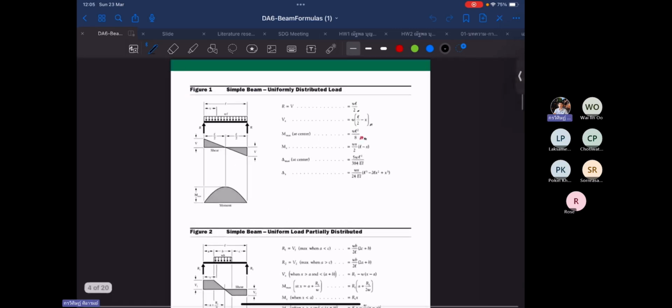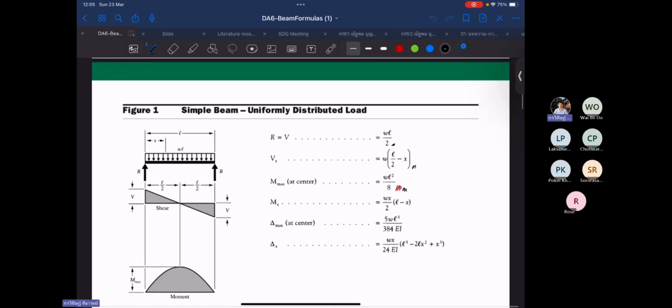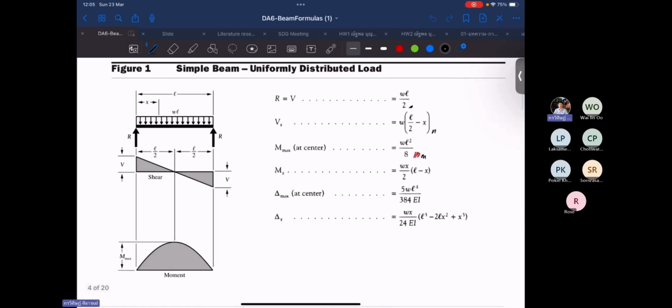For example, this one is the most popular in civil engineering: the simple beam with uniformly distributed load. For this one we can determine the support reaction by using this formula.